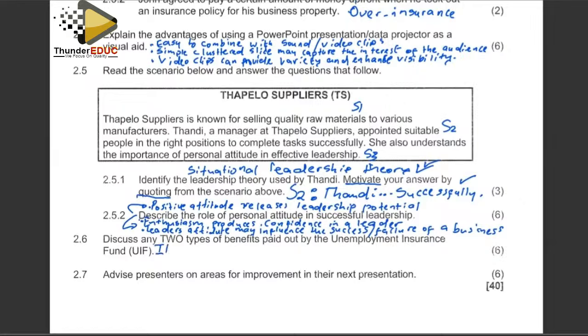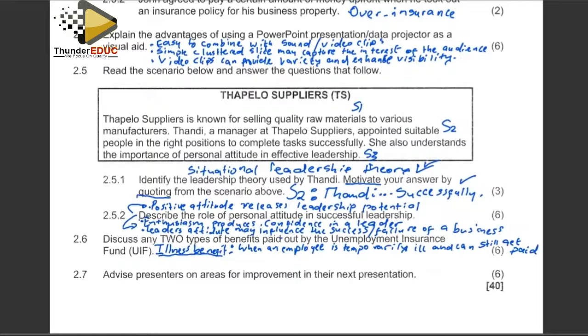We are saying that illness benefit: when an employee is temporarily ill and can still get paid.